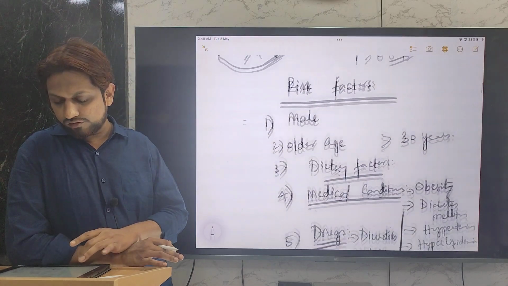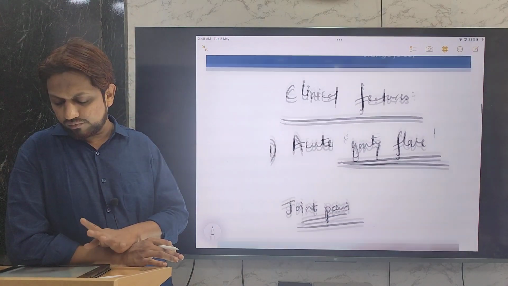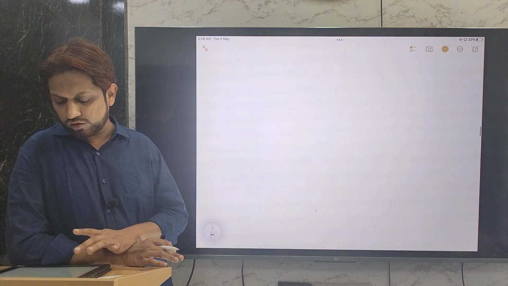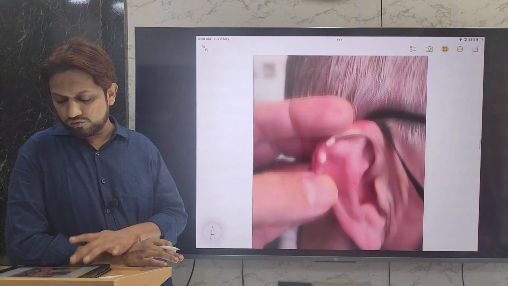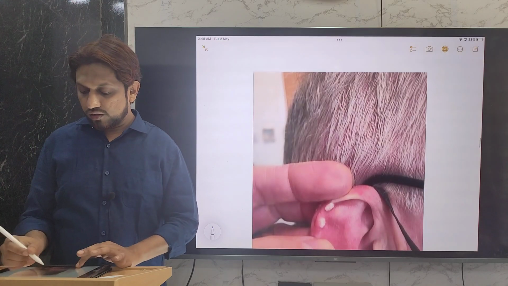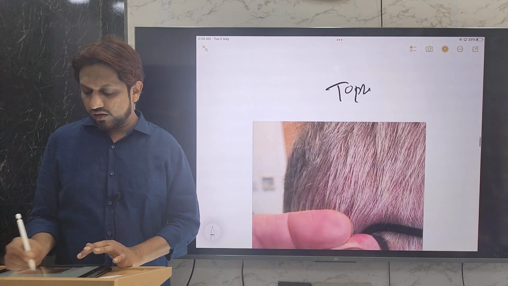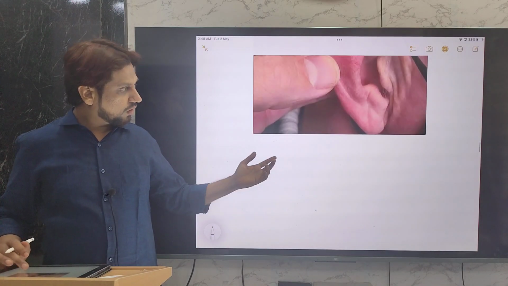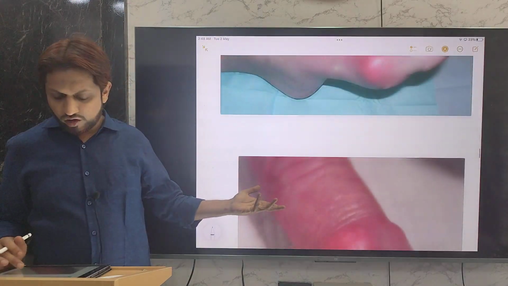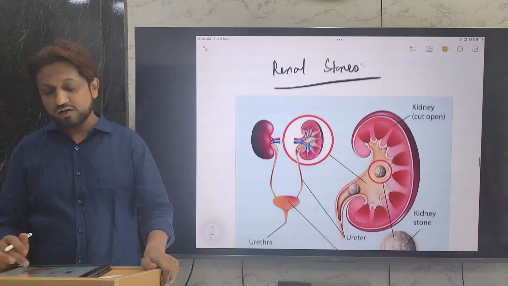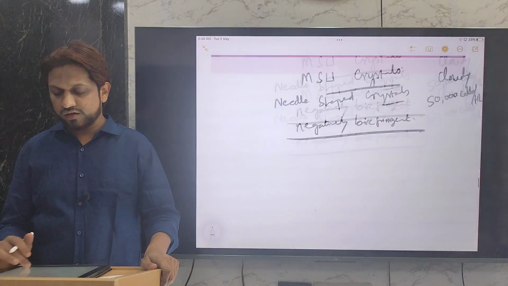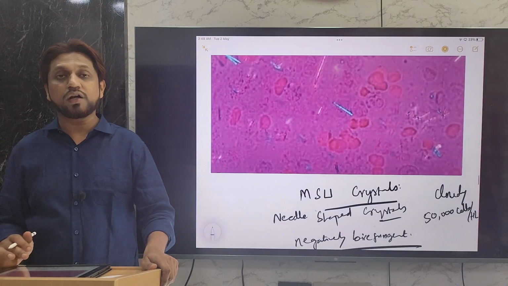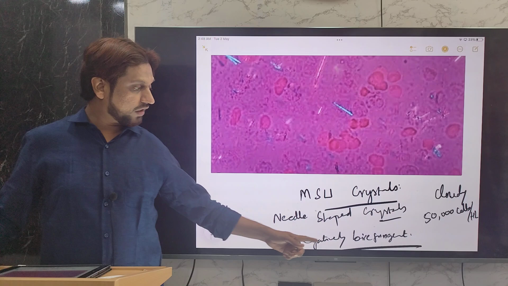Other joints may also get affected, and sometimes excess monosodium urate crystals in the subcutaneous tissue cause tophi, formed in the ear, the fingers or the synovial joint itself. Sometimes renal stones can occur. The diagnosis is by monosodium urate crystals in the synovial fluid, which under polarized light are negatively birefringent.